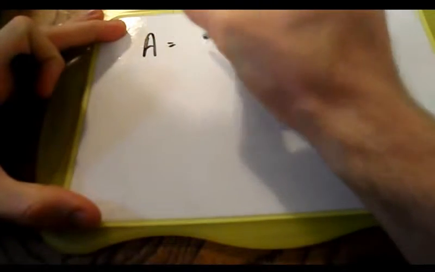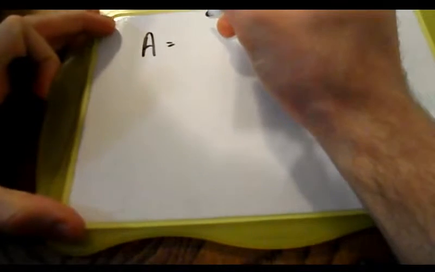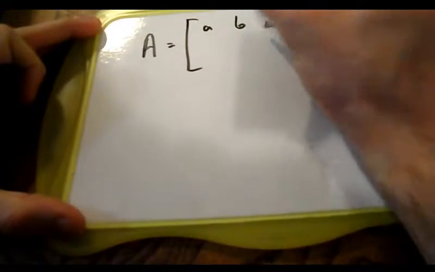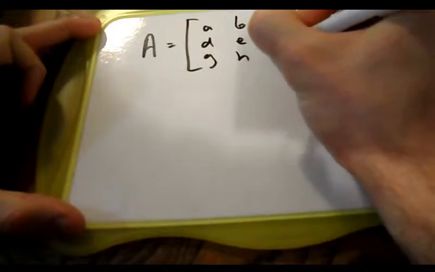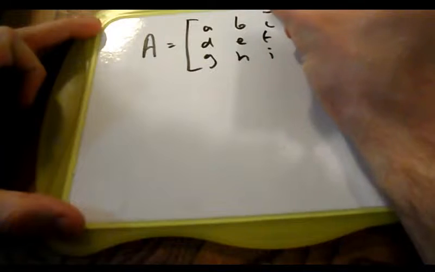We're going to use 1 over the determinant times the adjugate of our matrix, which we are defining as A. So if we have matrix A, and I'm going to use almost all abstraction for this again: A, B, C, D, E, F, G, H, I.